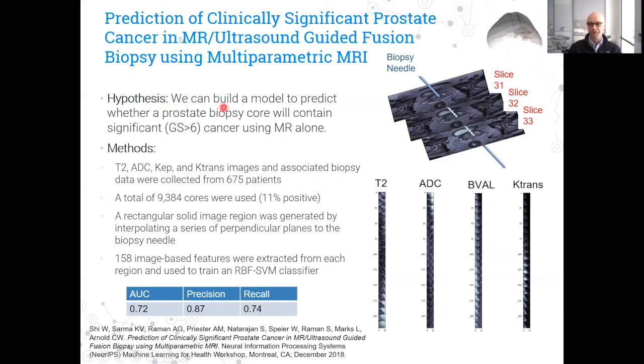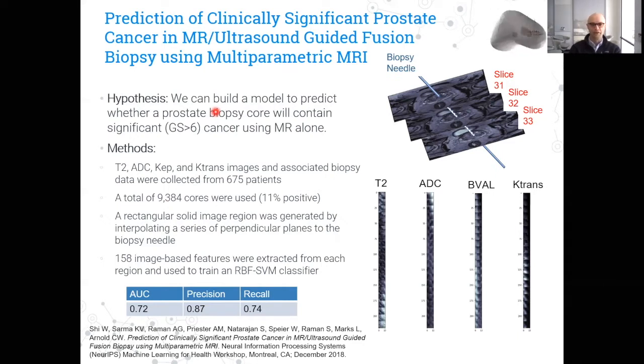This project attempted to utilize this interesting data set, and we had the hypothesis that we could build a model to predict whether a prostate biopsy core will contain significant cancer using our MPMRI data alone. So we took our T2, ADC, KEP, and K-trans sequences and the associated biopsy ROI data from 675 patients.